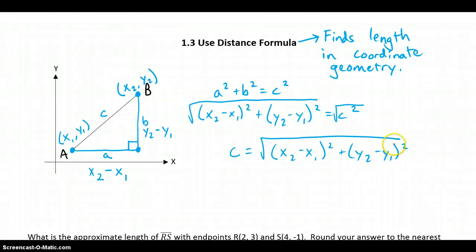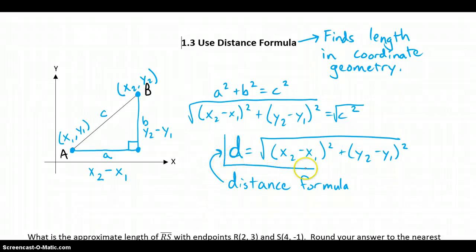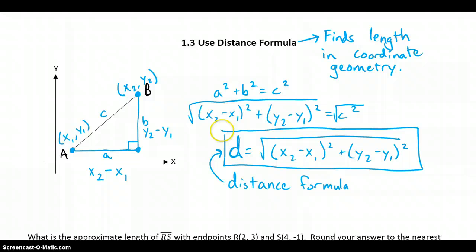When I solve for c and I write my formula in this form, I really do have the distance formula. Distance equals the square root of (x2 minus x1) squared plus (y2 minus y1) squared. It's really the Pythagorean theorem. So for the distance formula, I'm going to change my c to a d so it represents distance.